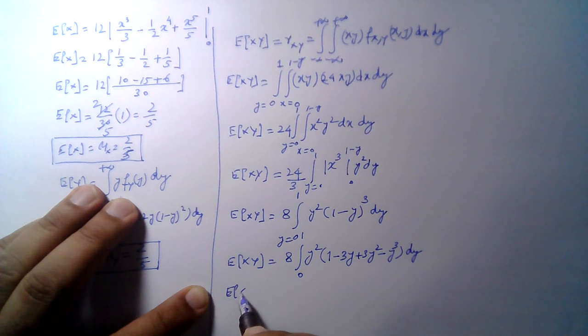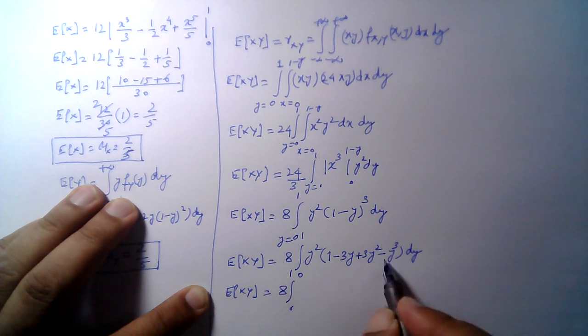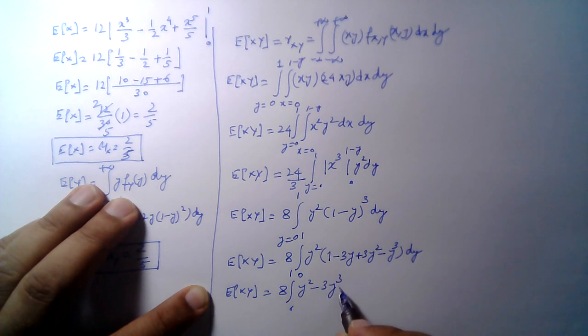So the expected value of xy is 8, integral from 0 to 1, and let's multiply this: y squared minus 3y cubed plus 3y to the power 4 minus y to the power 5, dy.